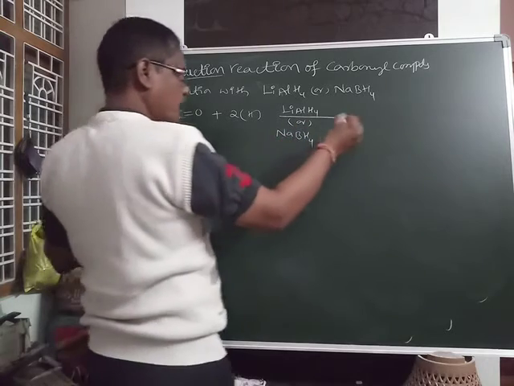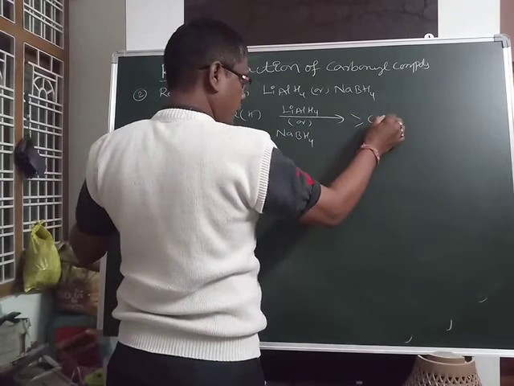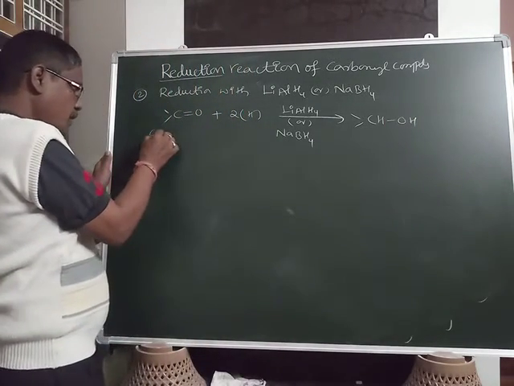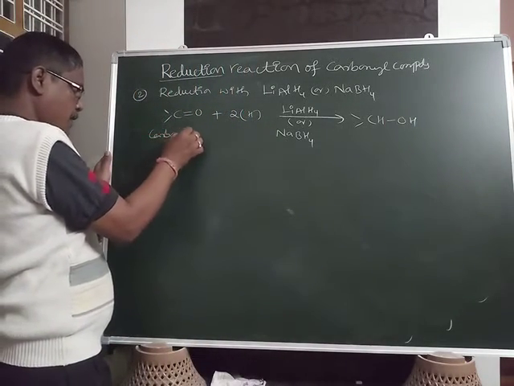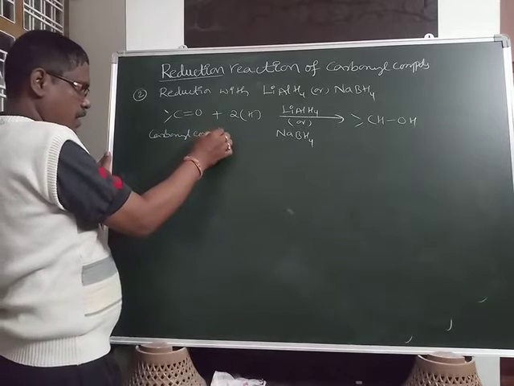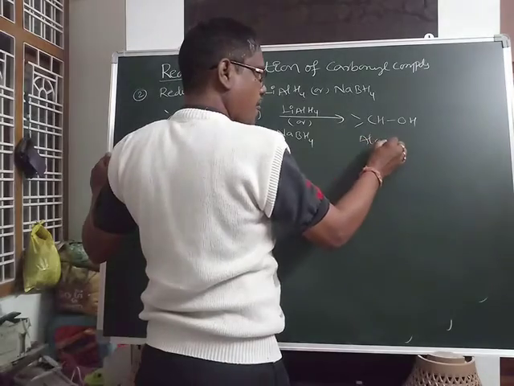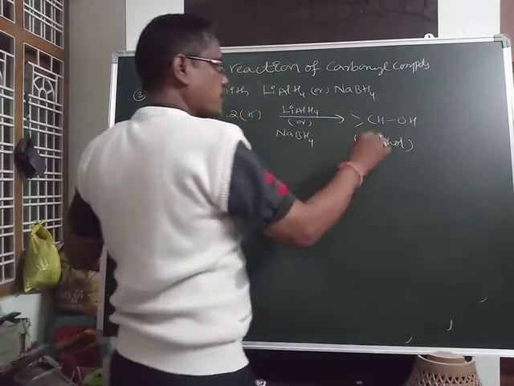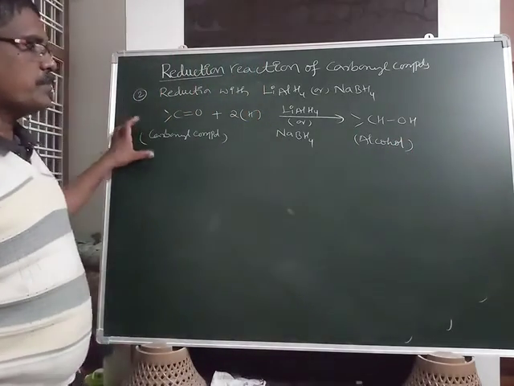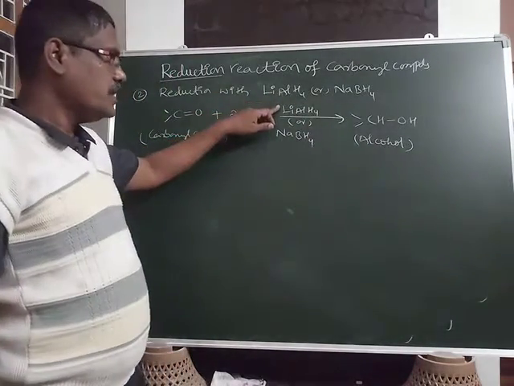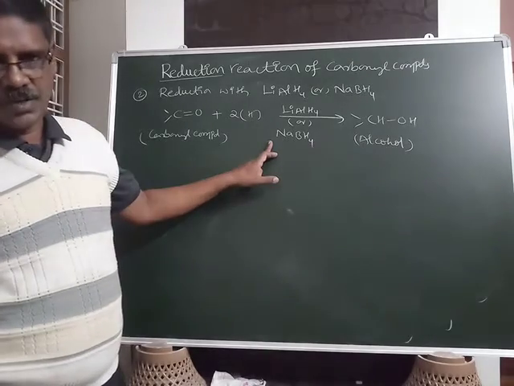It converts into the alcohol. This is the carbonyl compound, and this one is the alcohol. That's why a carbonyl compound reduces into alcohol in the presence of lithium aluminum hydride or sodium borohydride.